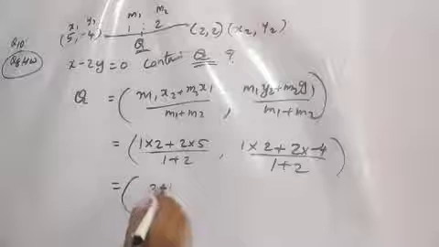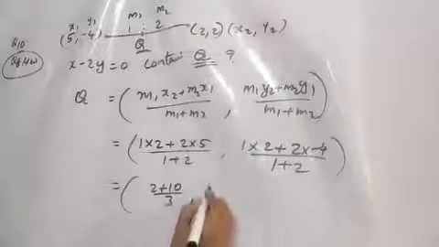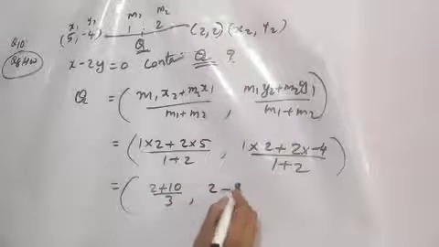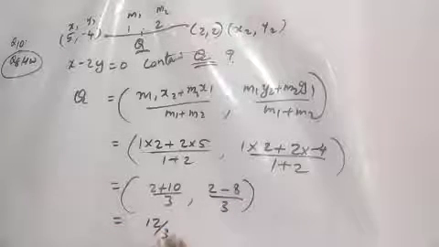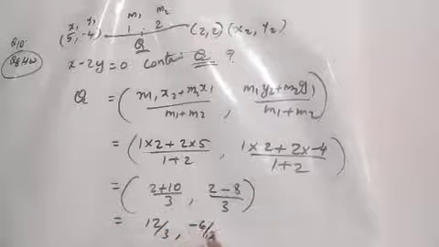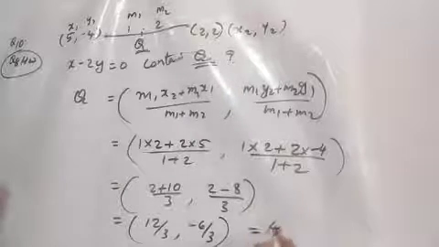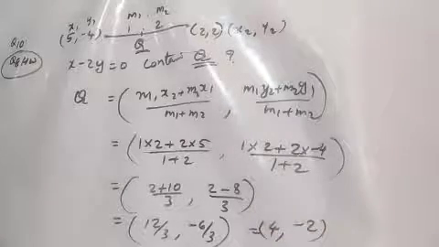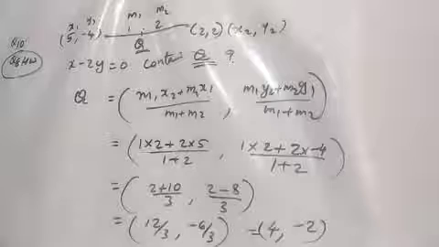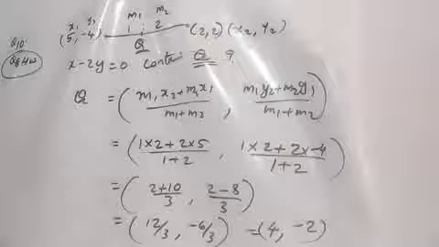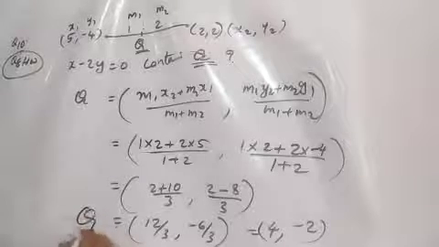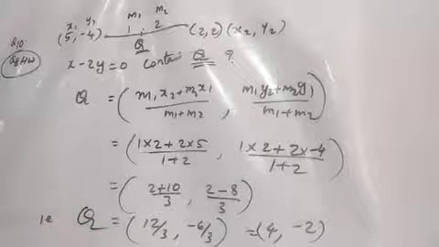That is (2 plus 10) by 3, (2 minus 8) by 3. That is 12 by 3 and minus 6 by 3. What is 12 by 3? 4, and minus 6 by 3 is minus 2. So these are the coordinates of the point Q. We found the point Q. Okay, Q is (4, minus 2).